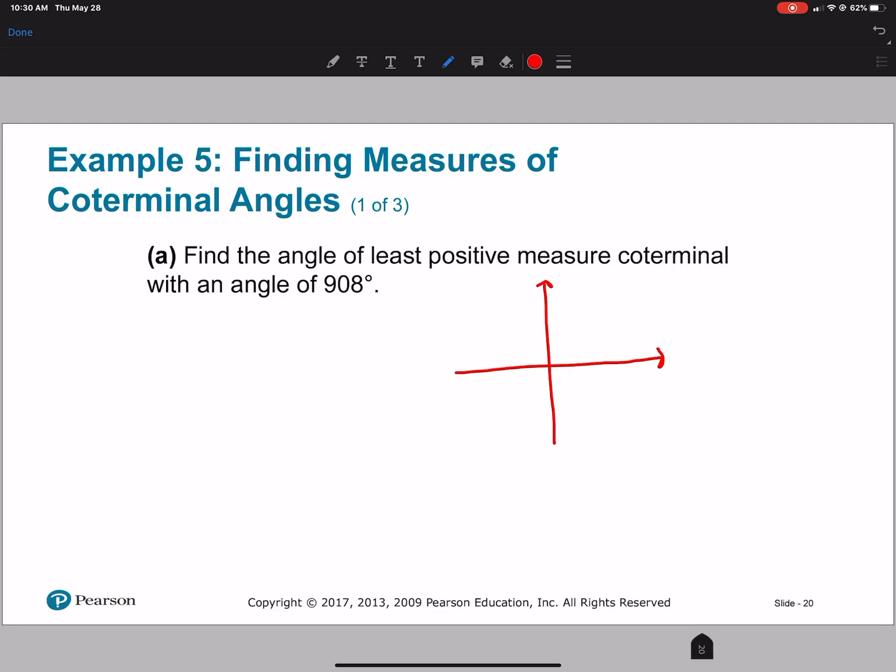So if I do 908 divided by 360 degrees, that's what gives me, and I'm going to put it in the calculator. So it's 908 divided by 360. Which is going to give me 2 point, let me make sure I put that in there.